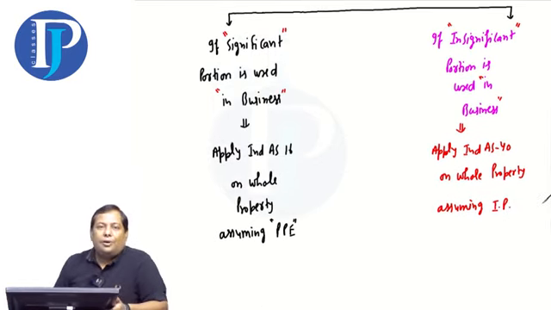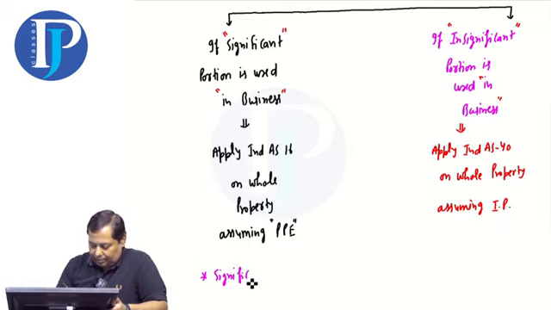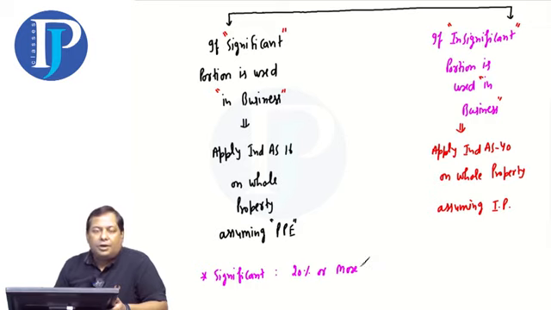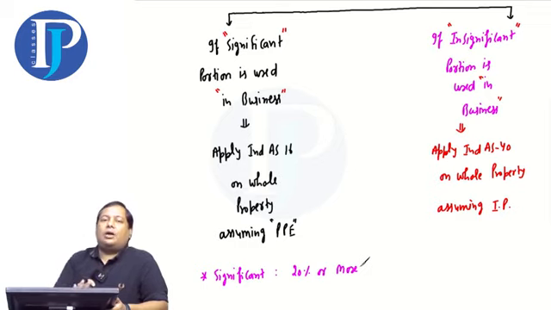What are significant and insignificant? I have just explained this. Significant means 20% or more. If any property 20% or more is being used in your business operations, we will call this significant. We will apply 16 to the entire property.